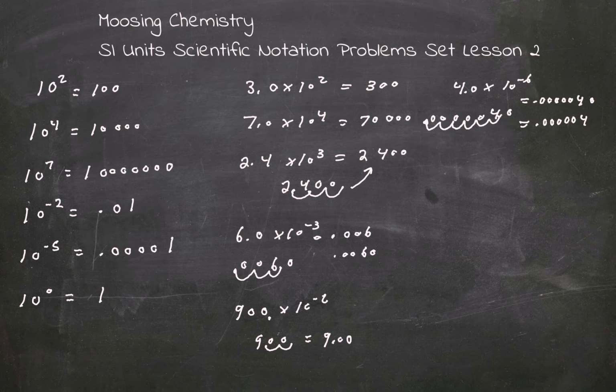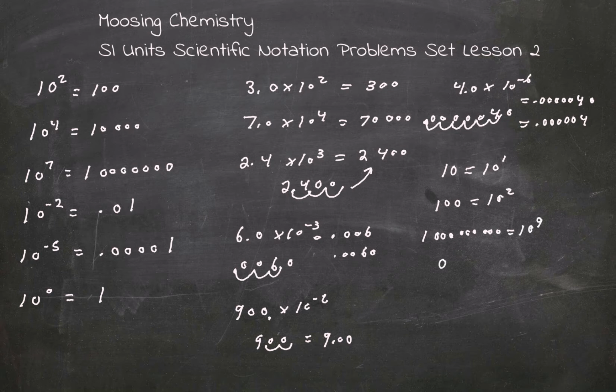So if you wanted to know the exponent power, let's say you had 10, that would be the same thing as 10 to the first. If you had 100, that would equal 10 to the second. And if you had 1,000,000,000, this would be 10 to the ninth.